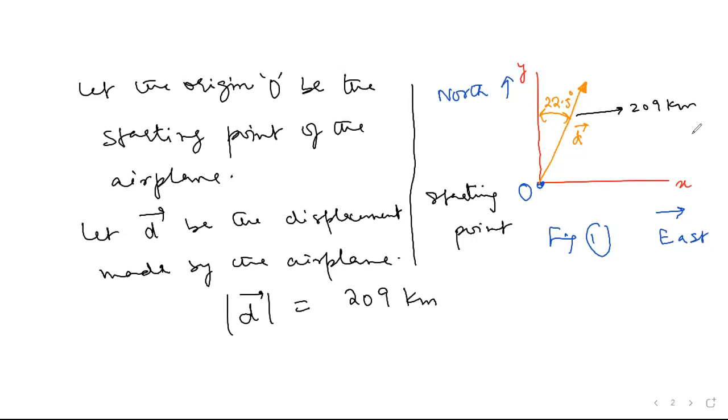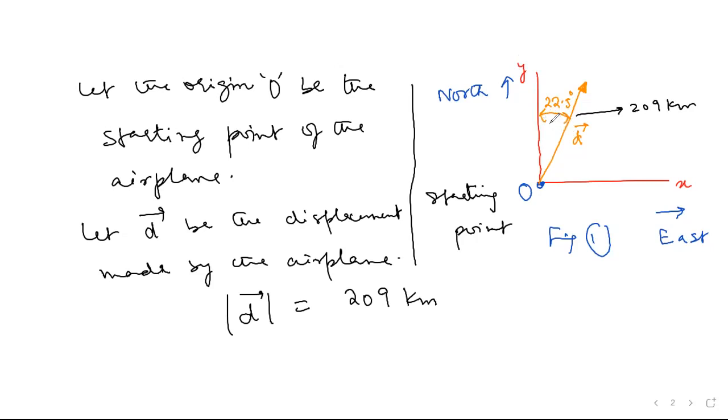It is said that displacement is taking place 22.5 degrees east of due north. Since this is due north, it is 22.5 degrees towards east from north, right?